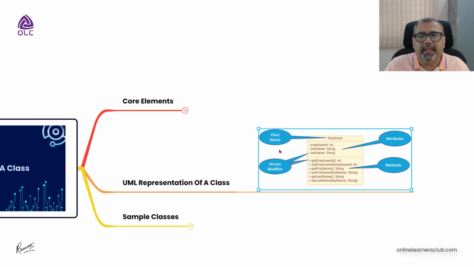As you see in this diagram, there is the class name, and then different attributes with access modifiers: plus is public, minus is private, hash is protected. There are different notations which are universally accepted, and it is a unified modeling language used for representing the design of a particular class model in general.